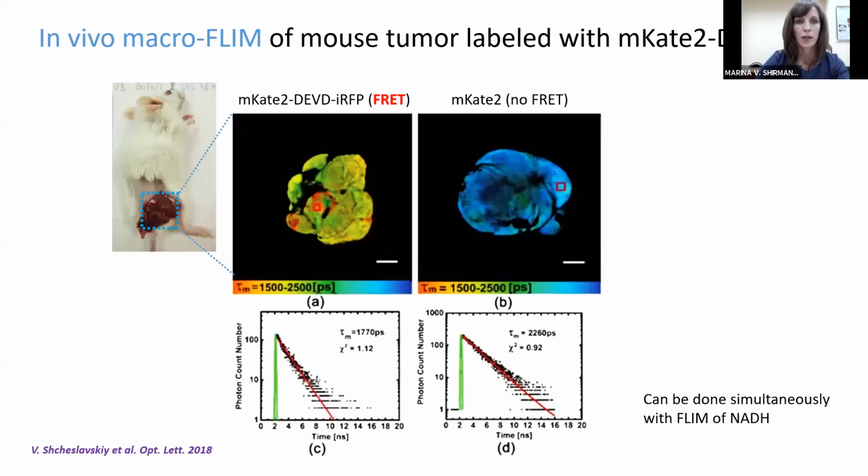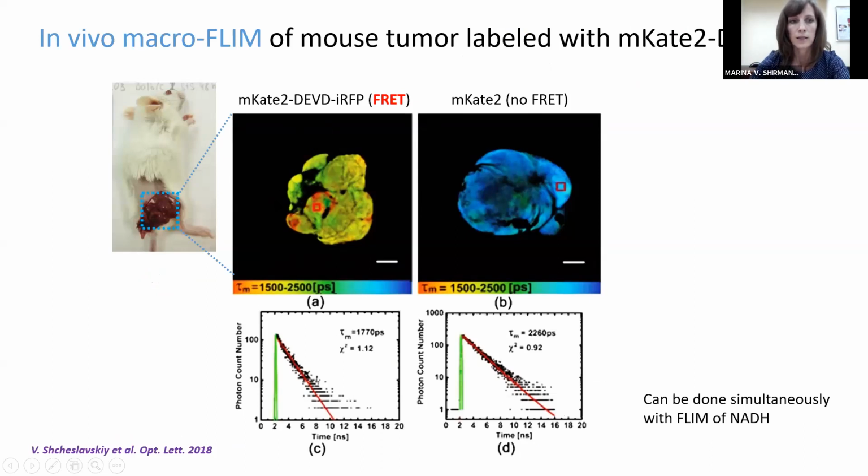This is an example of in vivo macroscopic FLIM of a mouse tumor labeled with the sensor. On the left, you see the tumor stably expressing the sensor for caspase-3 activity.